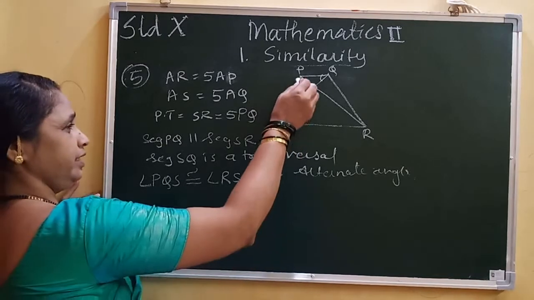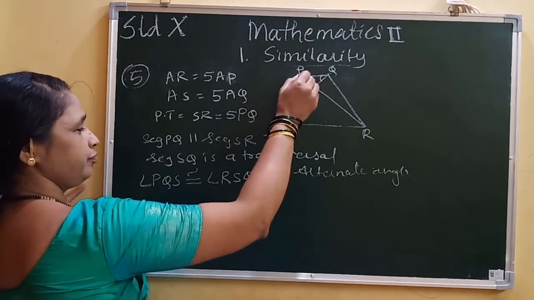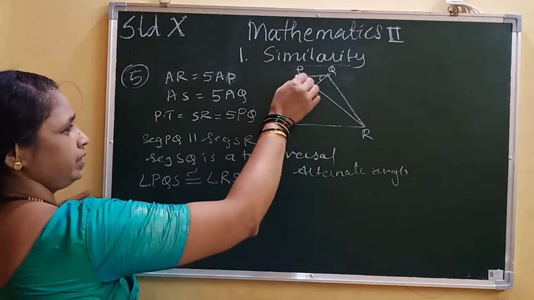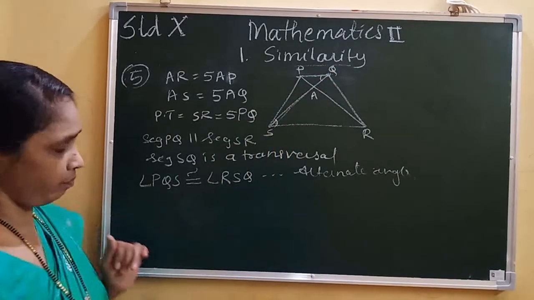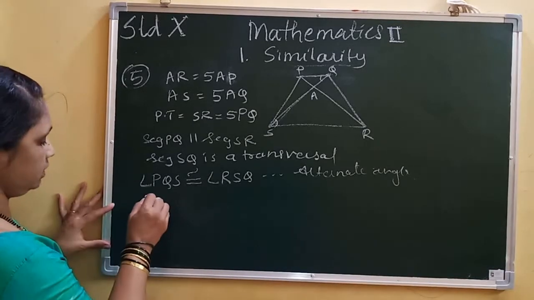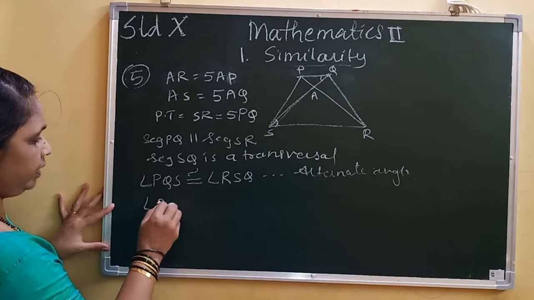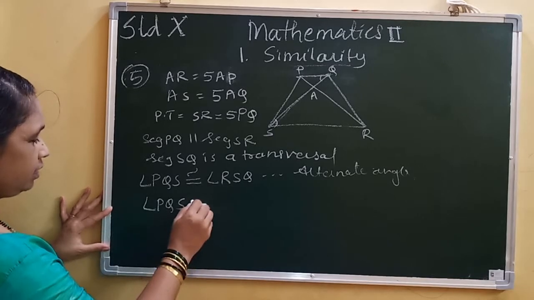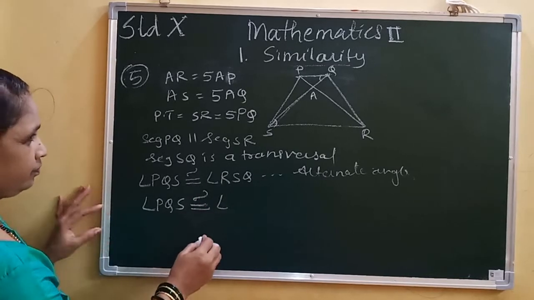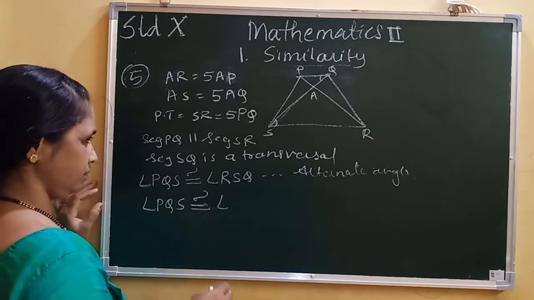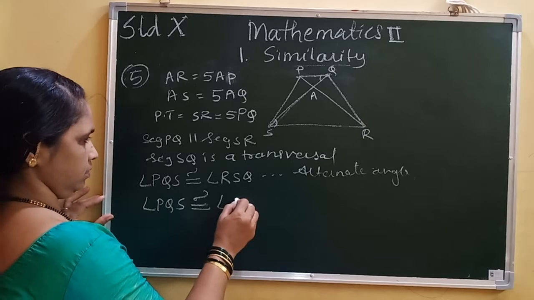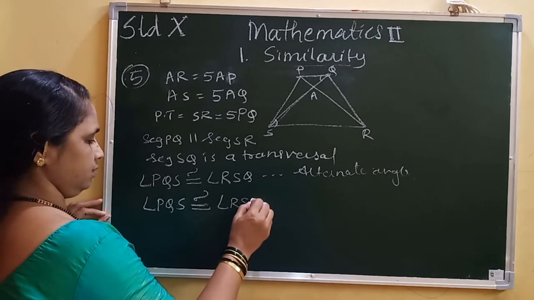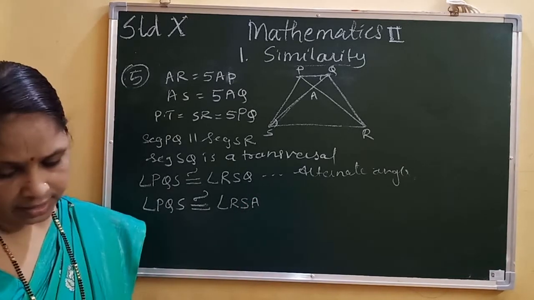Then see, in triangle PQS, angle PQS is congruent to angle RSA.